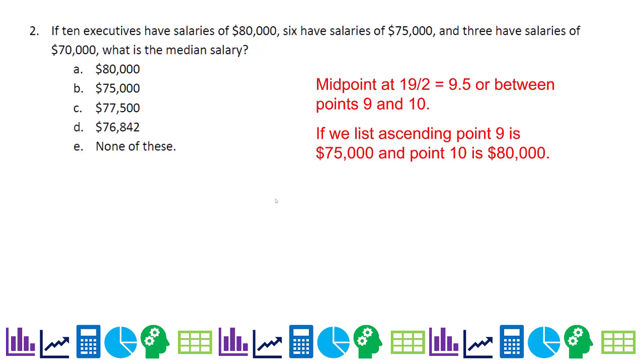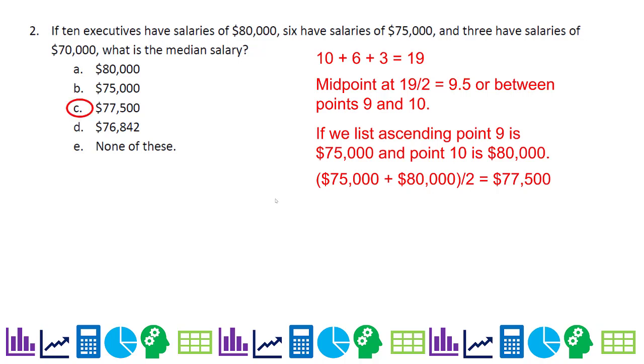If we list ascending, and it shouldn't matter if I go ascending or descending, it'll work the same either way. Point 9 is 75,000, and point 10 is 80,000. So the midpoint is halfway between, which is 77,500. And there is your answer for number 2.